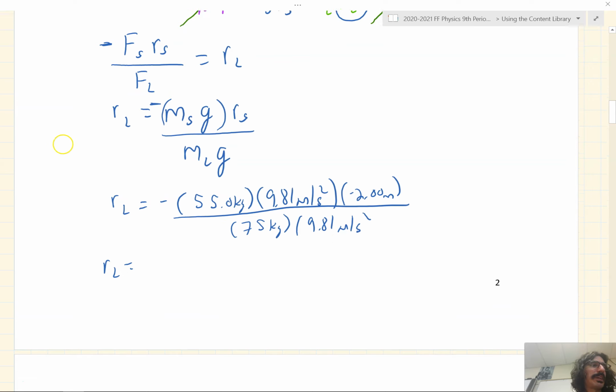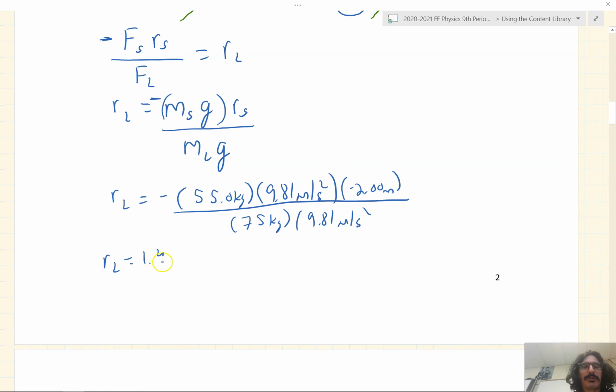And we get Luca stands at a distance of 1.47 meters to the right of the pivot.